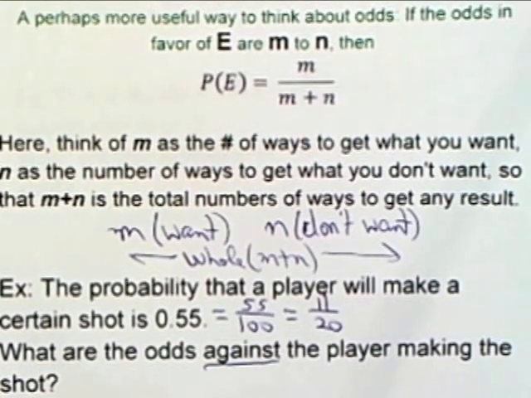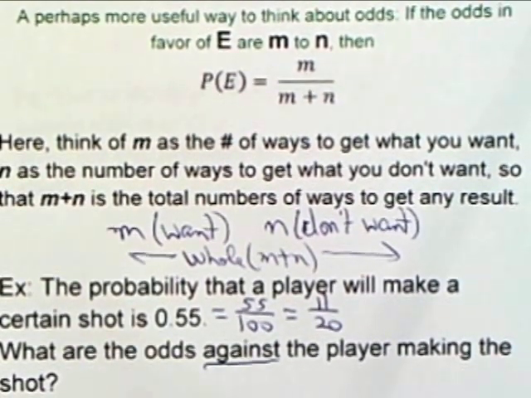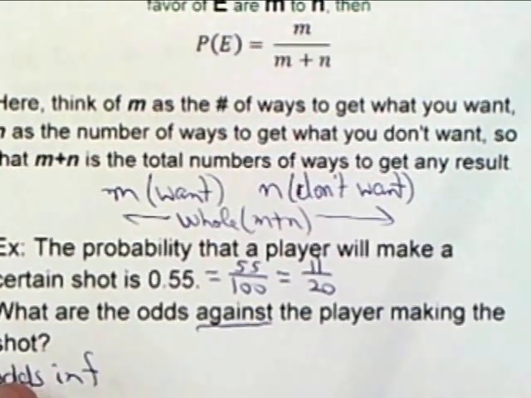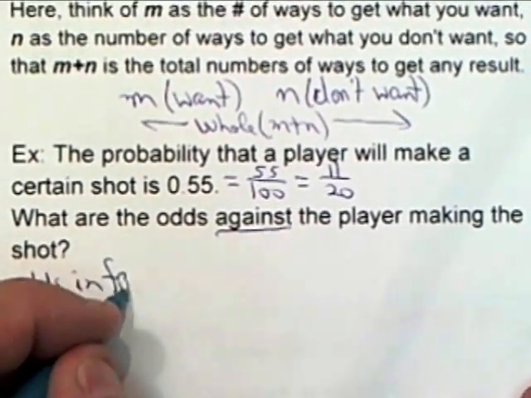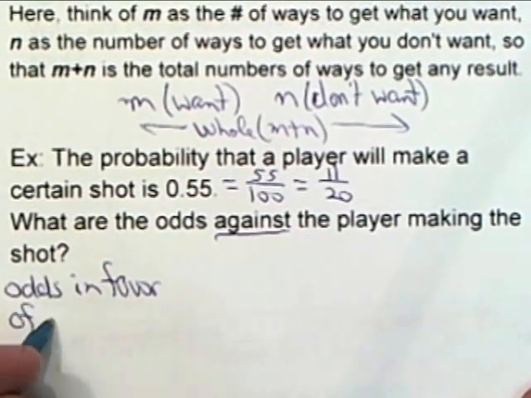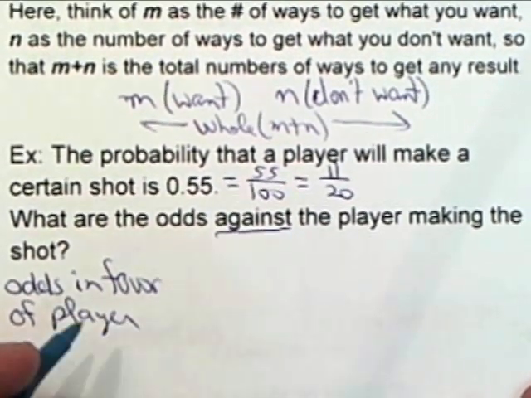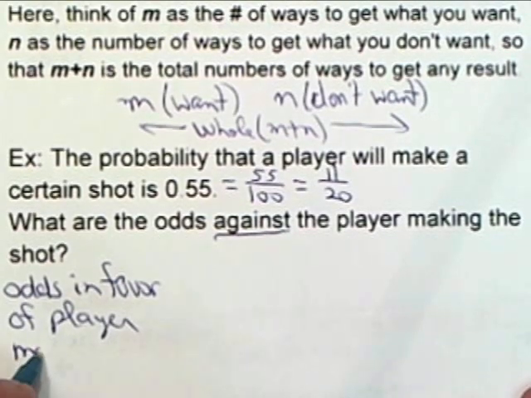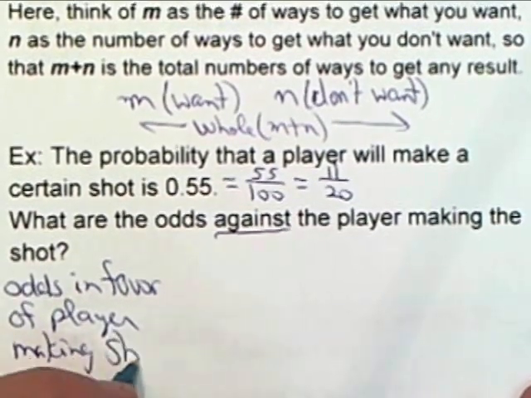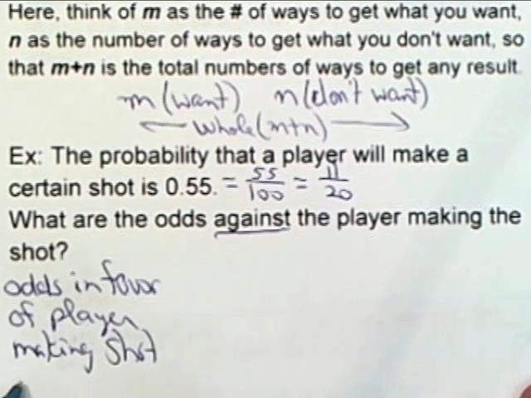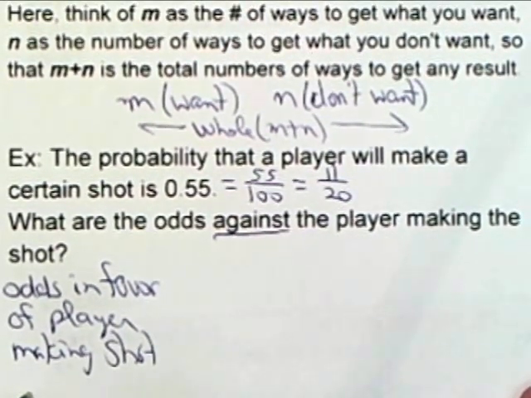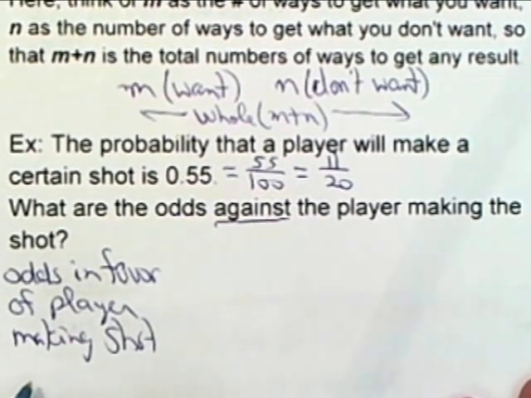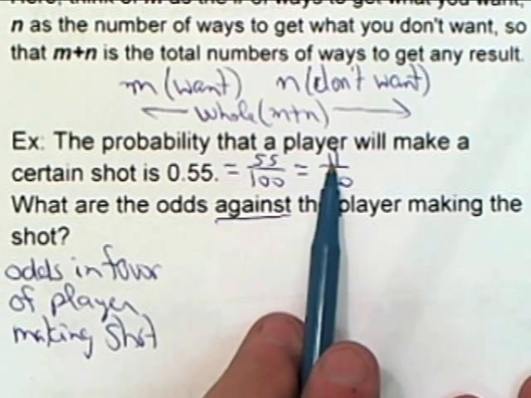So the odds in favor of the player making that shot is given by the number of ways to get what you want, which would be 11.